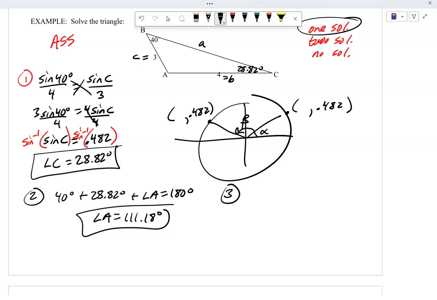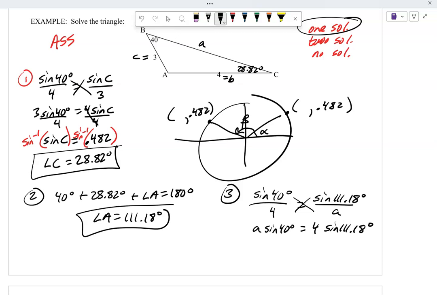And finally, sine of 40 degrees over B equals sine of A all over lowercase a. Divide by sine of 40, both sides. And we get about 5.8 on that.